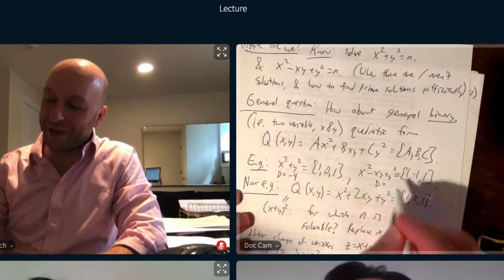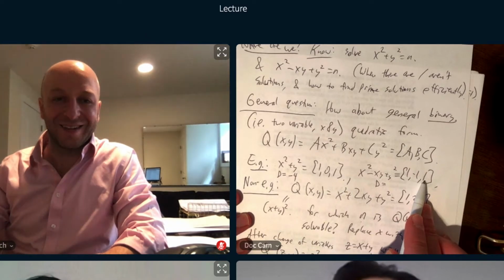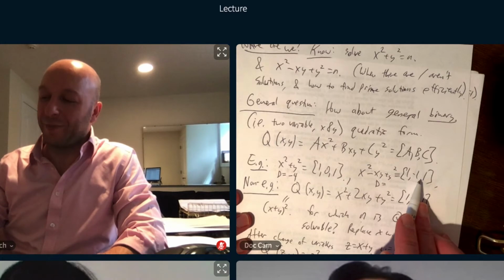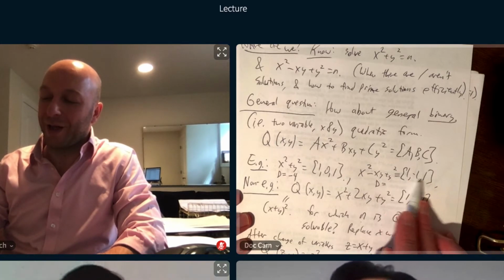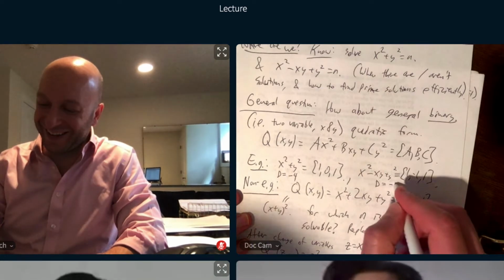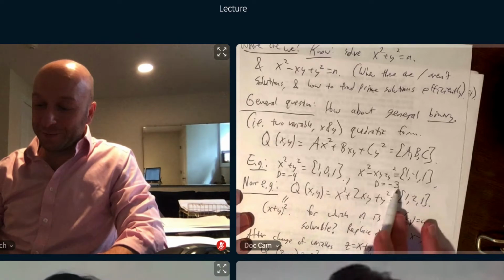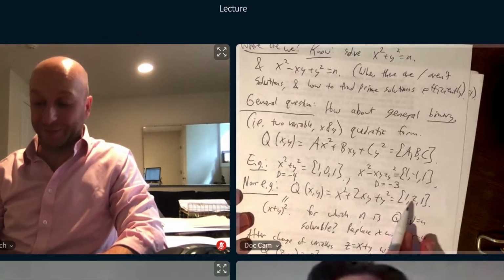What's this discriminant? B squared minus 4ac. B squared is 1 minus 4. 1 minus 4, negative 3. It's okay, typo. Nobody saw that. Right? So these are negative discriminants.